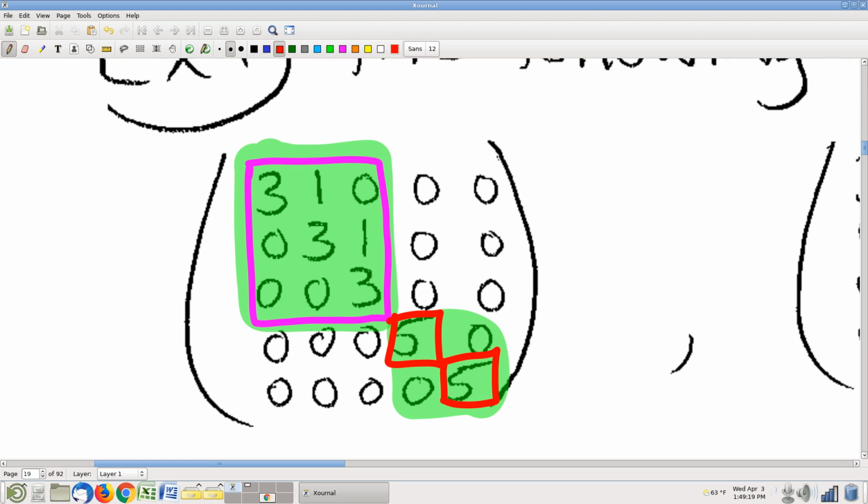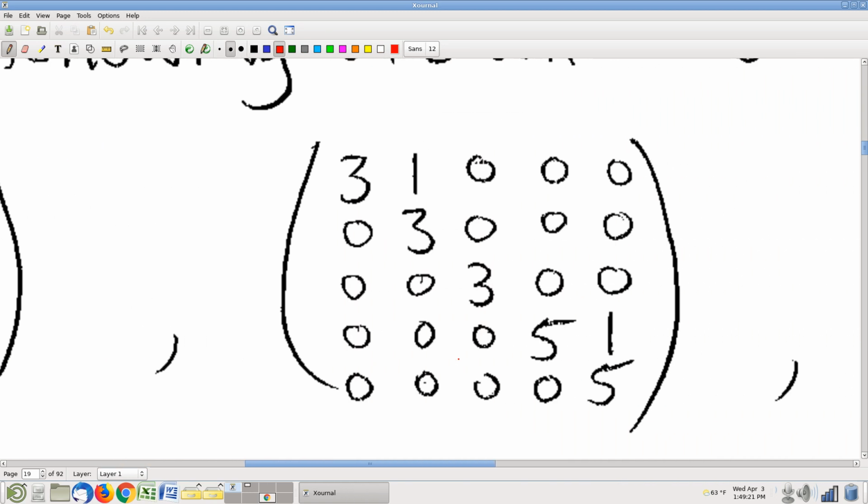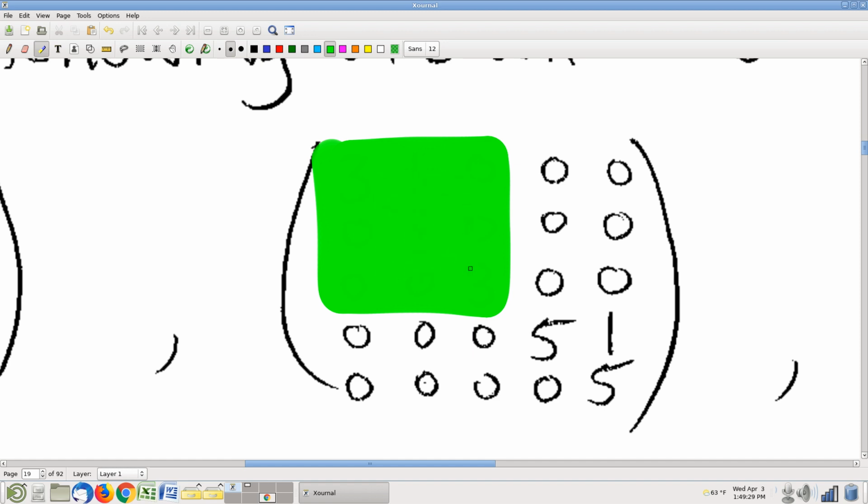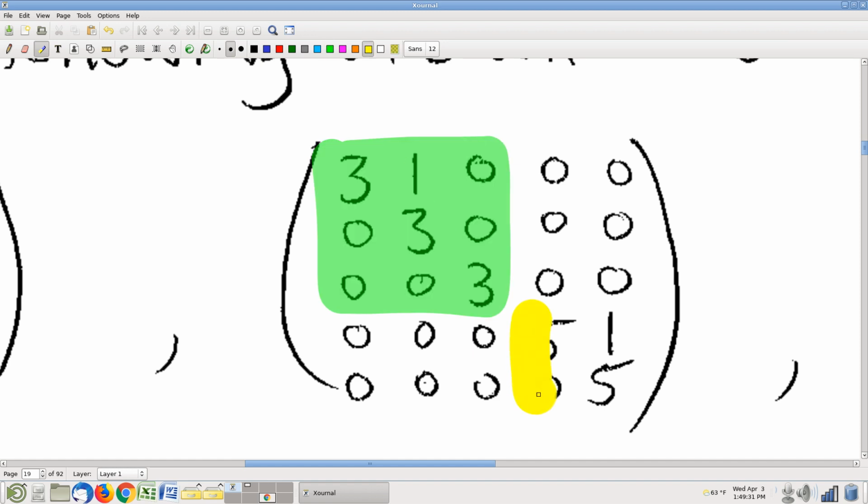All right, here's another one. Eigenvalue block. Eigenvalue block. Now let's see here. Can we call that a basic Jordan block?